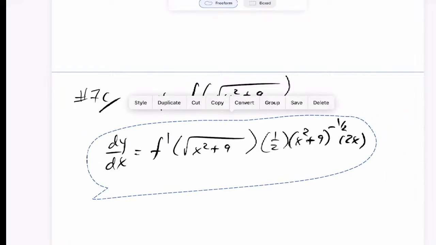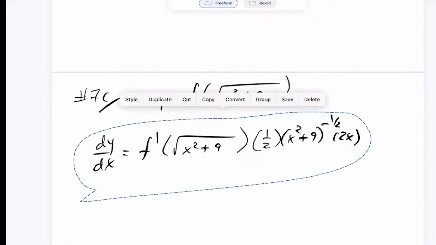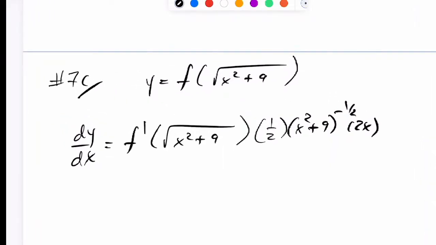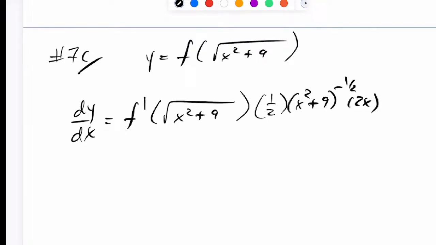We were practicing this today, and there's your dy dx. I was only talking about 7A and B. 7C we've done in class. I did it today, messing around with stuff like this. But 7A and B are just a bit weird because of the substitution. But 7C is fine. It's a normal question.